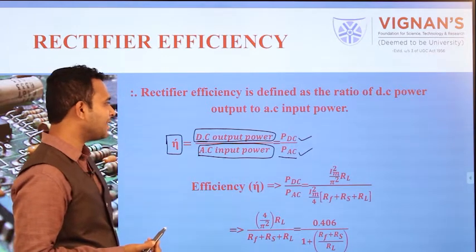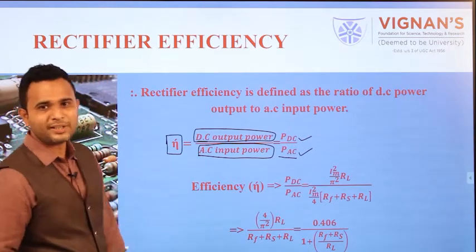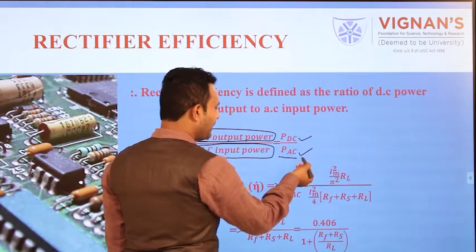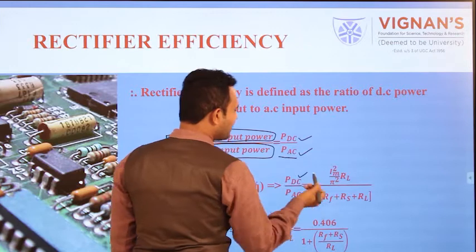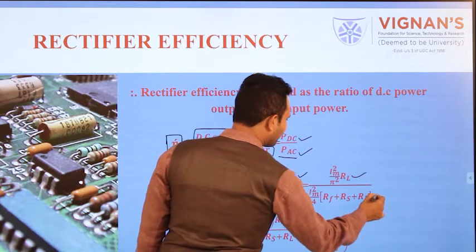The efficiency formula is PDC by PAC. We already derived PAC and PDC, so we are simply substituting the values here.